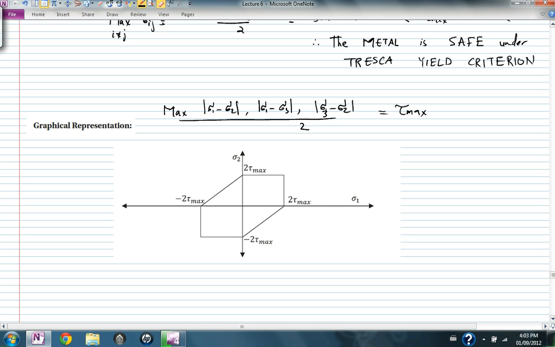When will these values be equal to tau maximum? Let's say sigma 3 is 0.